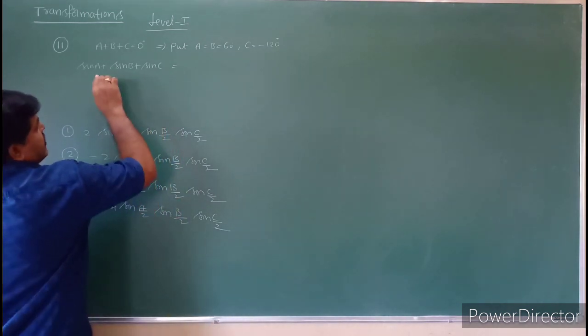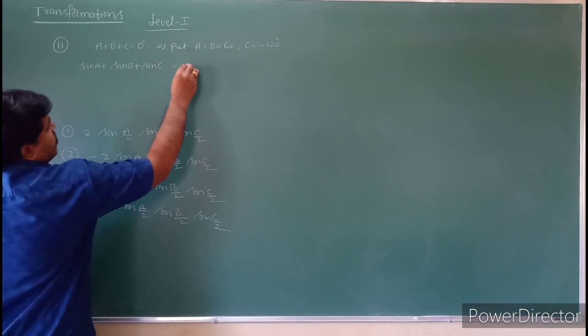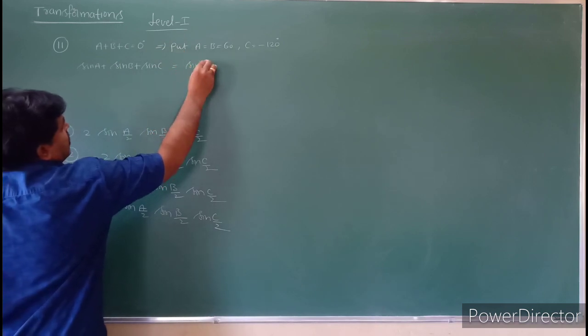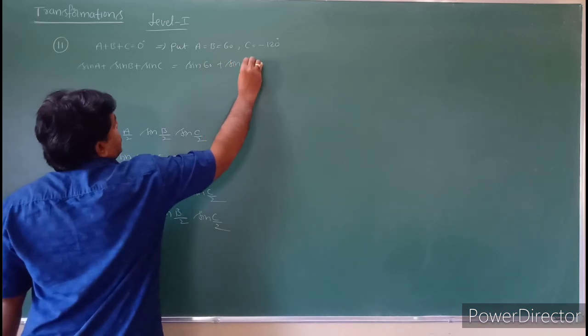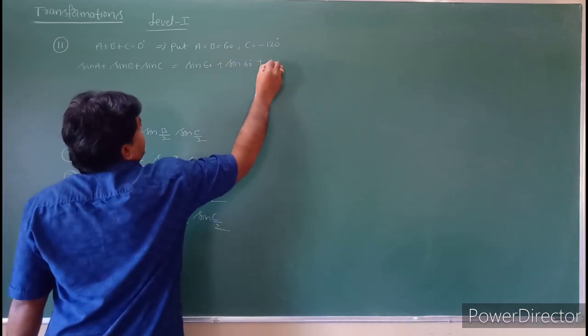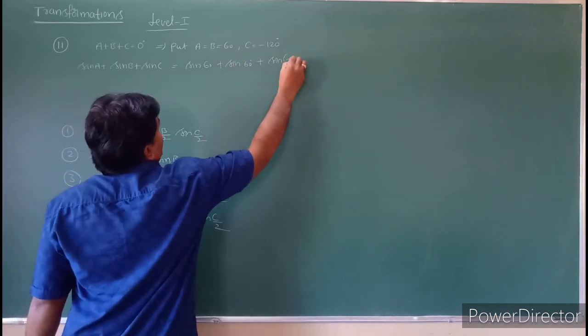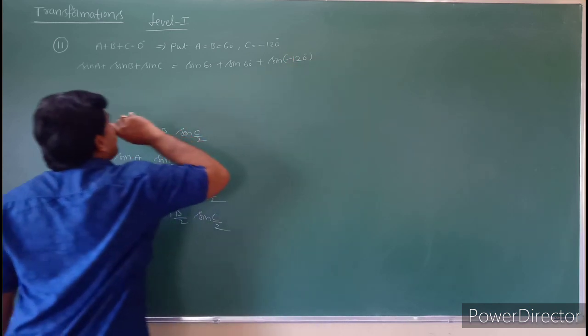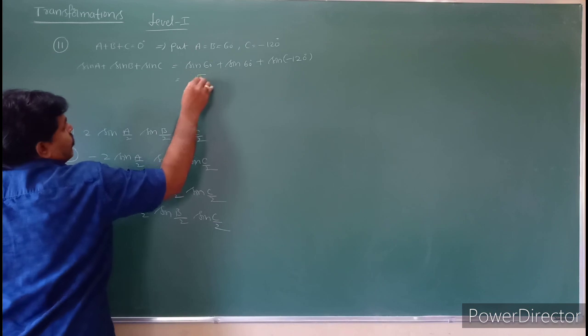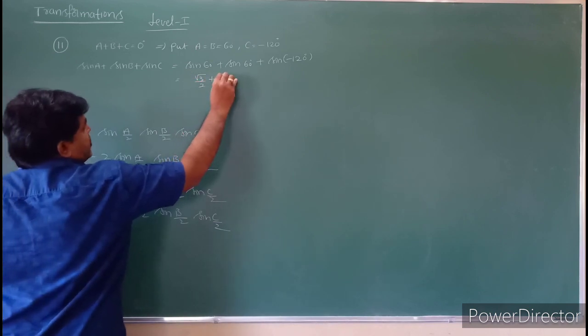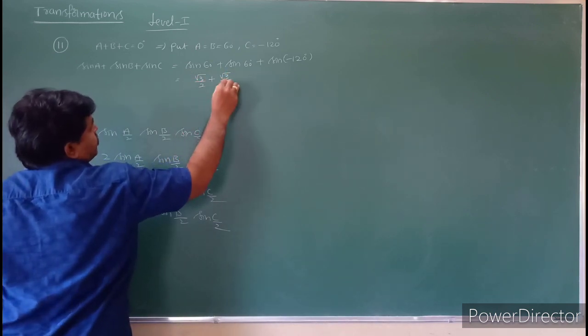So see this one, sin A plus sin B plus sin C. That is sin 60 plus sin 60 degrees plus sin of minus 120 degrees. Sin 60 is root 3 by 2 plus root 3 by 2.